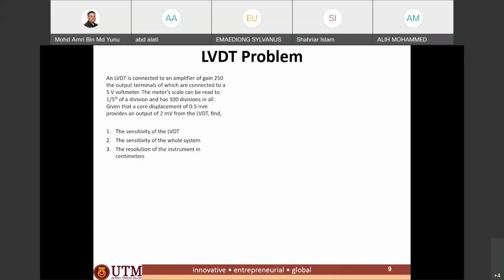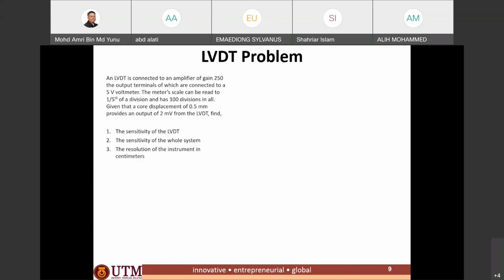Given that a core displacement of 0.5 mm provides an output of 2 millivolt from the LVDT. Find the sensitivity of the LVDT.